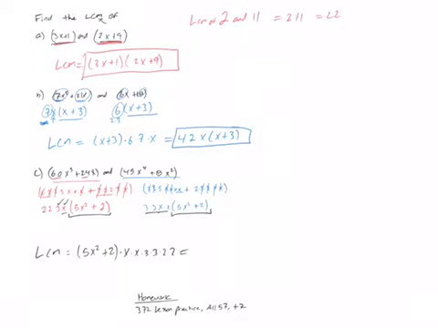Simplifying that all down, 2 times 2 times 3 times 3, that's 4 times 9, 36. x times x is going to be x squared, and then that 5x squared plus 2. So that's the least common multiple of those two binomials.